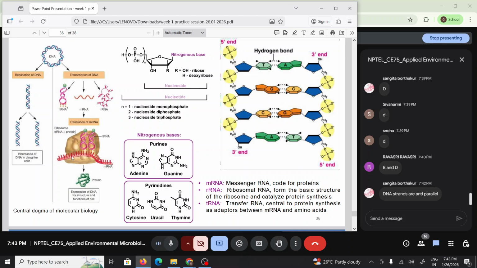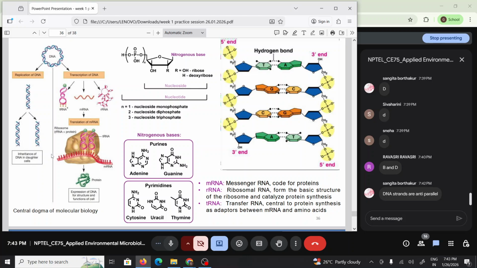You have this mRNA, which stands as a template, and you have a tRNA, which brings the amino acid attached. Corresponding to the code in this mRNA, the amino acid is delivered. They are arranged in the form of a chain, and you finally get this protein that is expressed in the cell. So this is the central dogma of molecular biology.